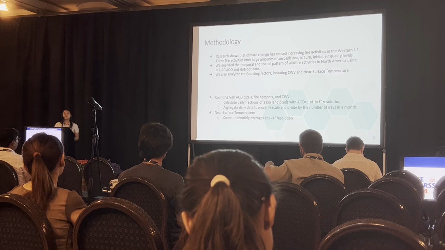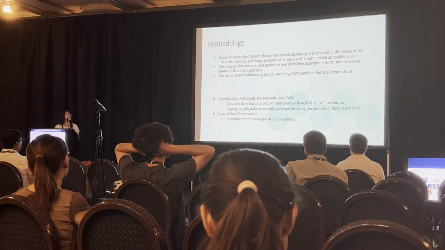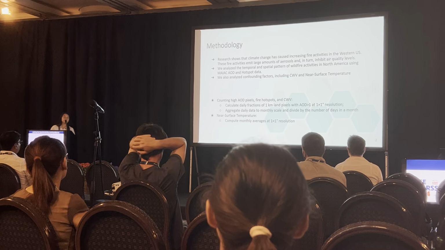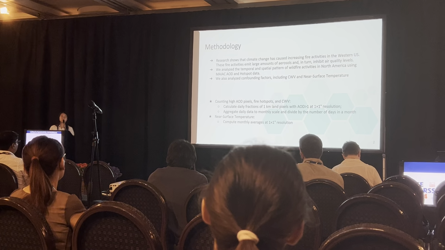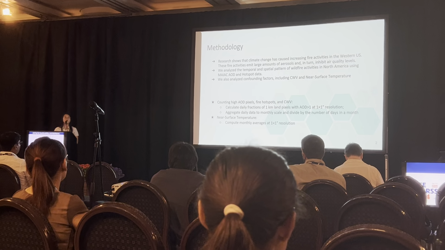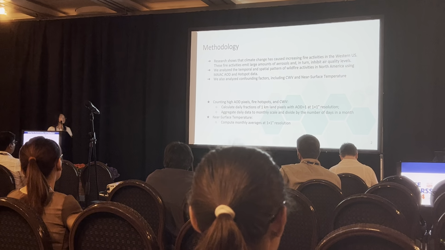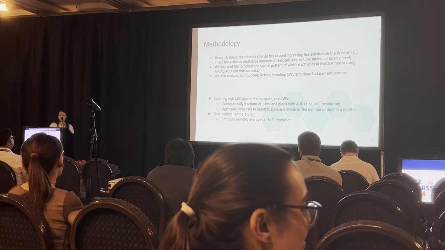Recent research has shown that there has been an increase in wildfire activities across the Western US in just the past decade. These wildfire activities emit a large amount of aerosols into the atmosphere, which in turn inhibit air quality levels.